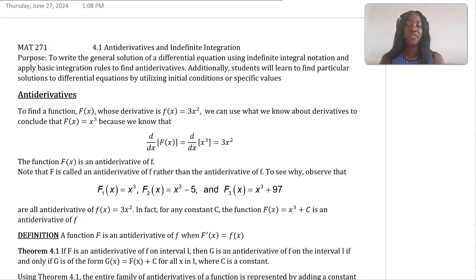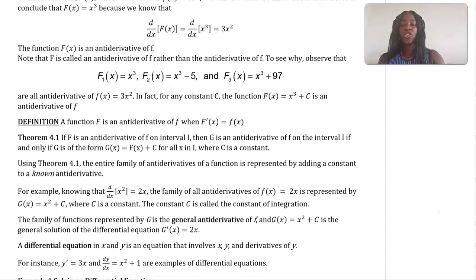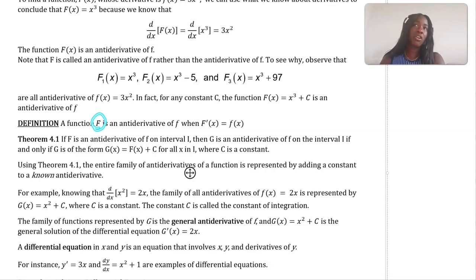So our formal definition is that a function capital F, we're typically going to call our antiderivatives capital F, is an antiderivative of lowercase f if when we take the derivative of capital F, we get lowercase f. This definition is followed by a theorem that says if we have an antiderivative, then we can generate more, different antiderivatives by just adding constants, which is kind of like what we did here.